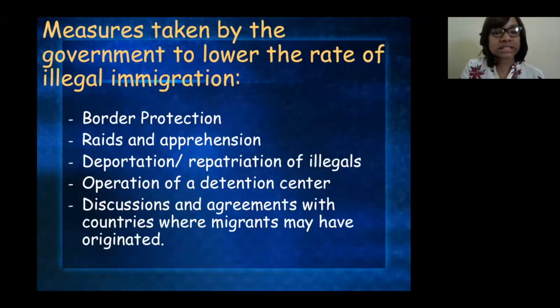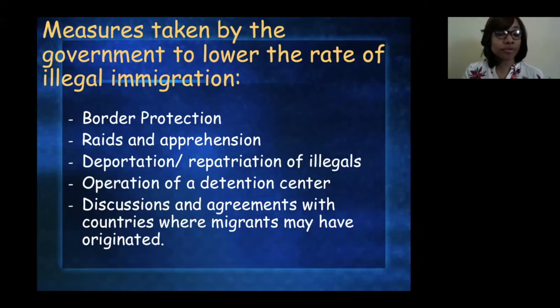Okay, so one last thing, let's point out some of the measures that have been taken right here in the Bahamas to alleviate our illegal immigration problem. So what is the Bahamian government doing constantly? You have border protection, you have raids and apprehension, okay? You have persons being deported or repatriated.